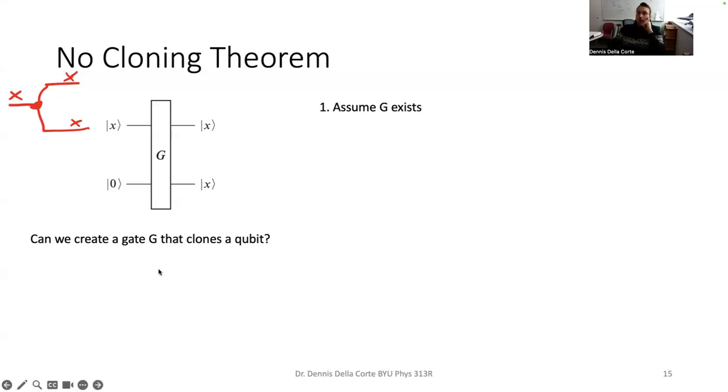Well, let's assume that we can and see where it takes us. Let's assume we can build a gate G that can do that. What does that mean? That means that this gate should be able to take the state 0 as x input and then the 0 that comes in here and then clones it. So x turns into 0 and this one turns into 0. Should be possible, right? If G exists.